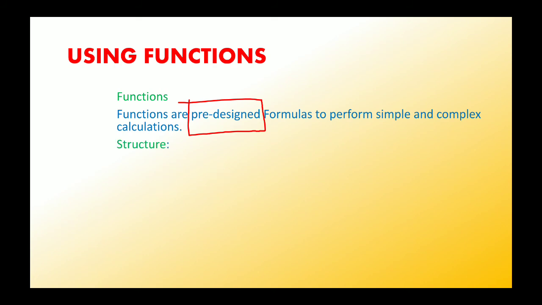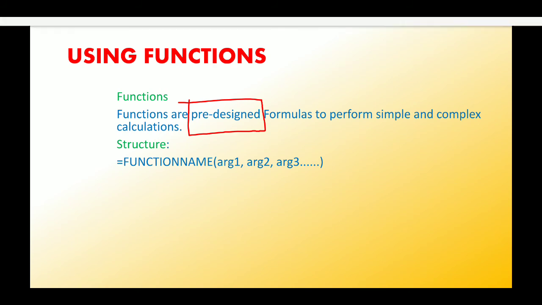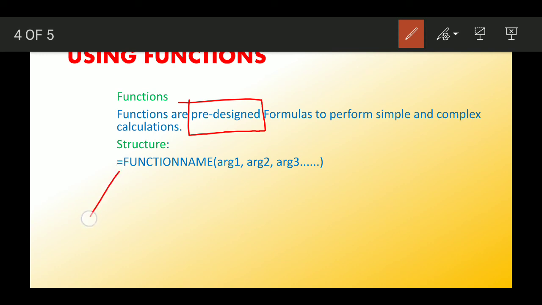So how does a function look? You can see function name, argument 1, argument 2, argument 3, parentheses, and at the start you can see we have the equal to symbol again. As we have used this equal to symbol in formulas, we have to use this one in functions also.